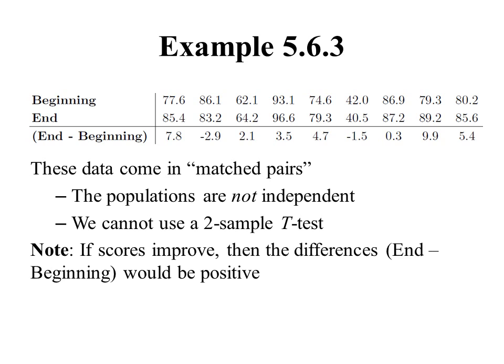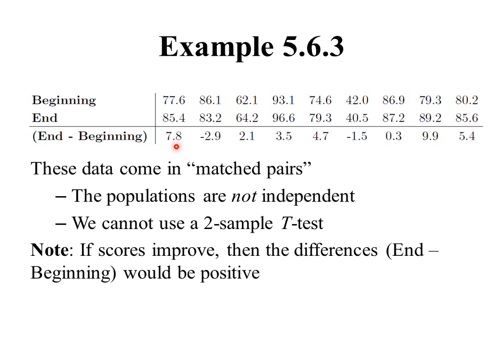Well, let's make another observation. If the scores really were to improve, then the differences of end minus beginning would be positive. Here in the third row of our table, we have calculated these differences, end minus beginning. For this first student, the difference was 7.8.